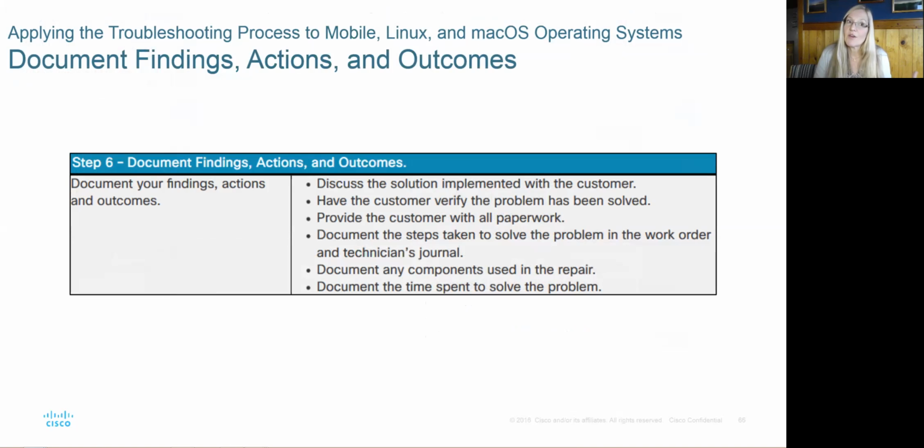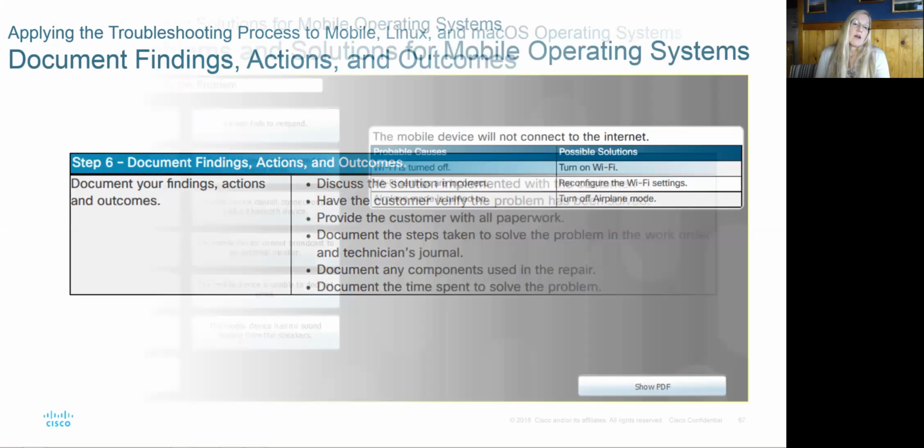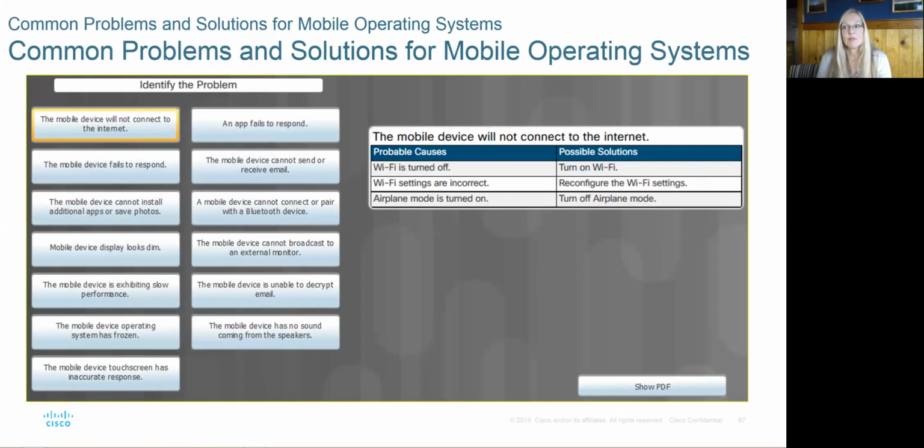If it was just turning it off and turning it back on again, make sure that you tell your user that it's important to do that every now and then. Because a lot of times we just put it into sleep mode or just plug it back into the wall and it never gets turned off. Verify that the problem's been fixed and document how much time it took and the steps that you took. And a lot of times you're going to have your user sign something like that.